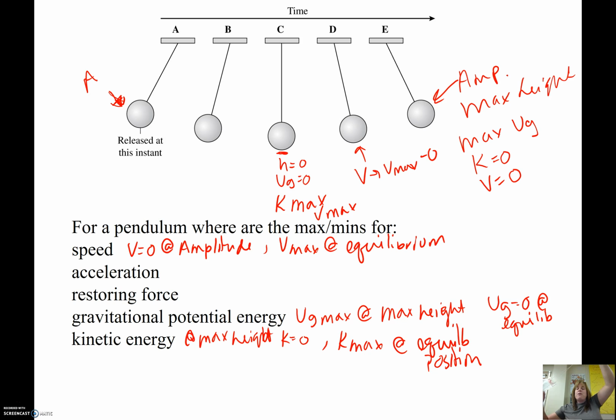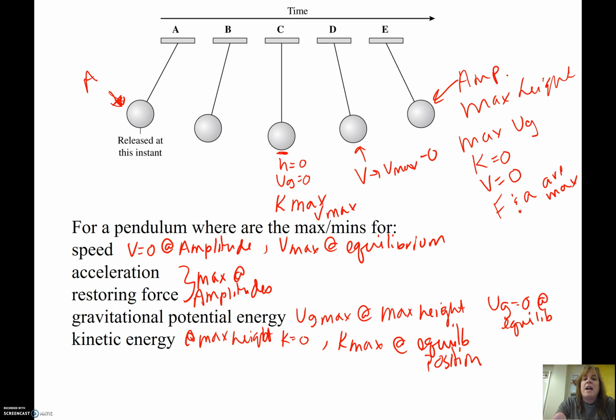So if I have a bigger force at amplitudes, that means my acceleration, which is force over mass, is also a maximum. So acceleration and restoring force go hand in hand. They're a maximum at the amplitudes. And remember that the amplitudes are where I have my maximum height. So here, F and A are max.